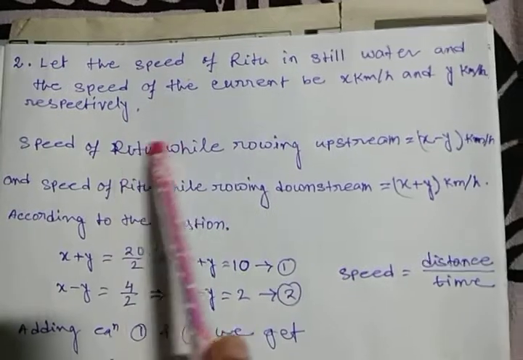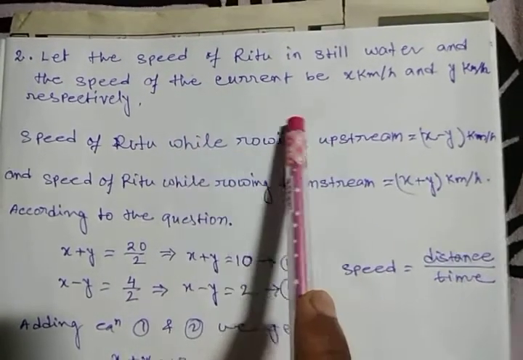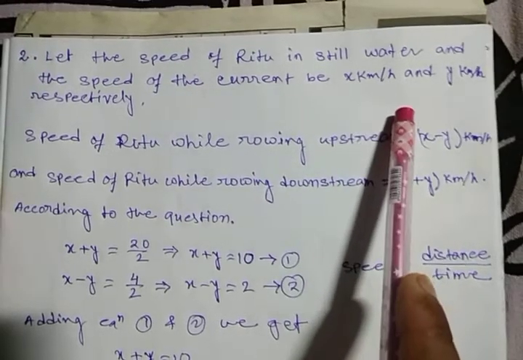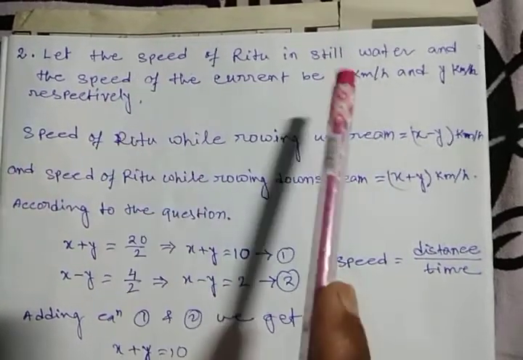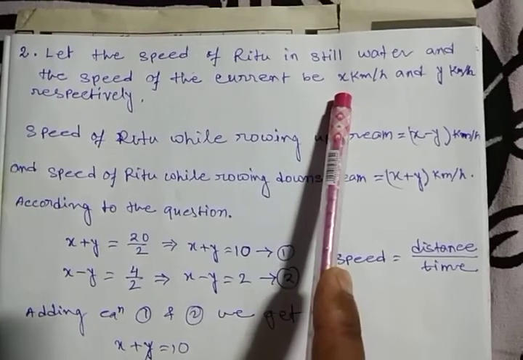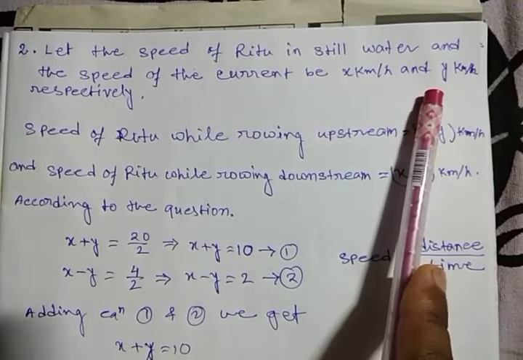Let the speed of Ritu in still water and the speed of the current be x km per hour and y km per hour respectively. That means the speed of Ritu in still water is x km per hour and the speed of the current is y km per hour.